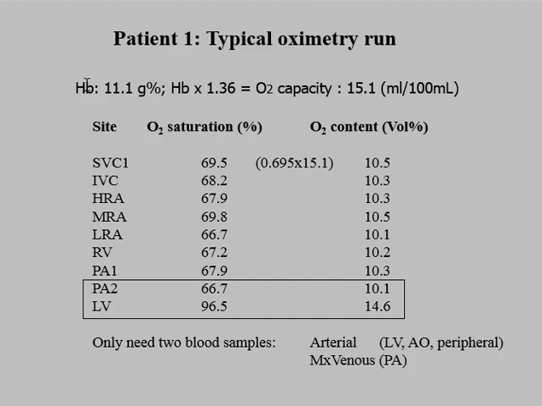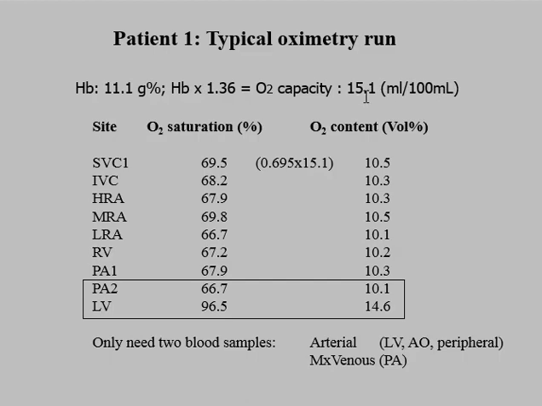We analyze the oxyhemoglobin portion of hemoglobin, and we need to know the maximum oxygen carrying capacity of blood, which is this value. To do that, we take that value of 11.1 and multiply it by 1.36 to give us 15.1. So our oxygen carrying capacity of whole blood is 15.1 in units mil per 100 mil.